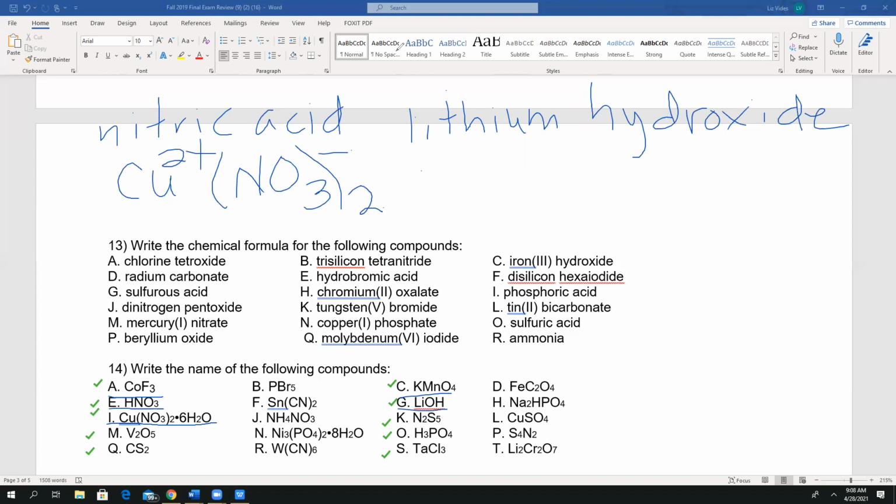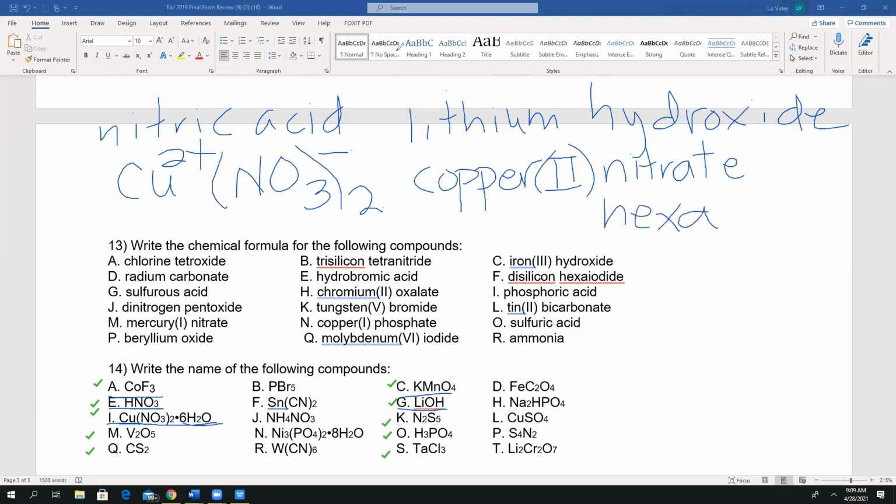So now we can name it copper 2 nitrate, and you notice there's 6 waters, so that would be hexa for the 6 and hydrate for the waters. Okay, so copper 2 nitrate hexahydrate. I know that's a long name.